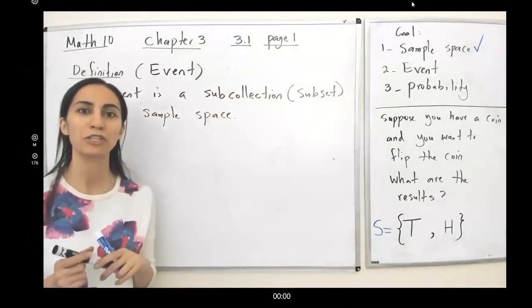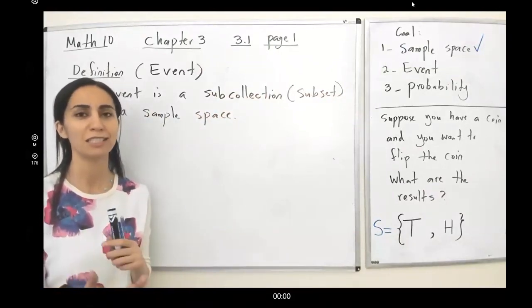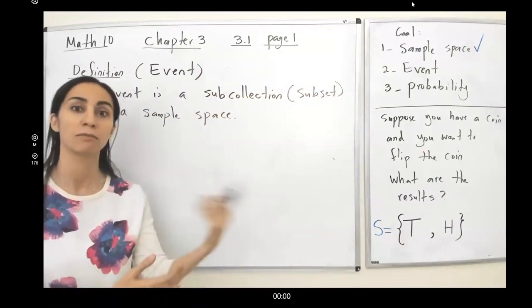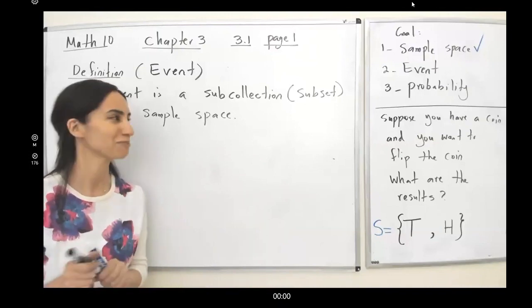We usually denote events by capital letters E, F, A, V, or sometimes we use indices.